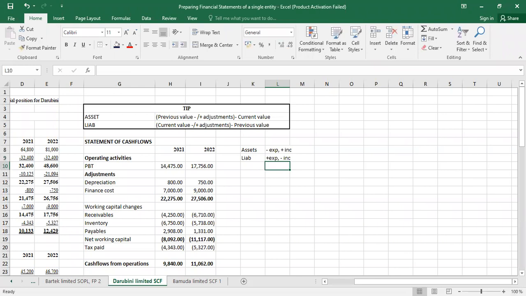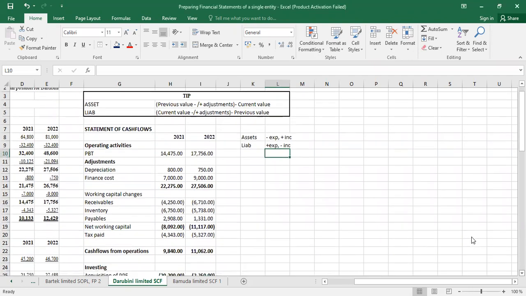Now, the one who was asking, what was the question on PPE, which depreciation we use? On the adjustment here, you say I wrote minus or plus adjustment, isn't it? Now I've widened the tip. I've said if it's an asset, you'll less an expense and add an income, isn't it?